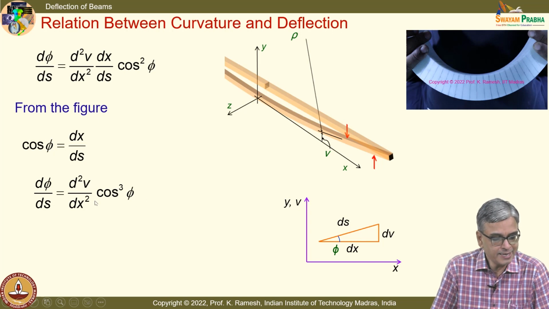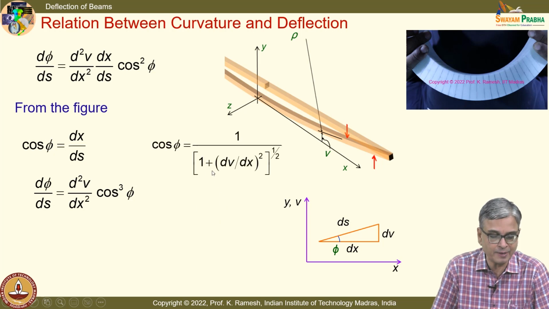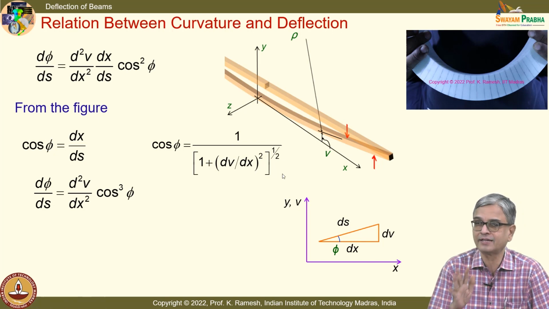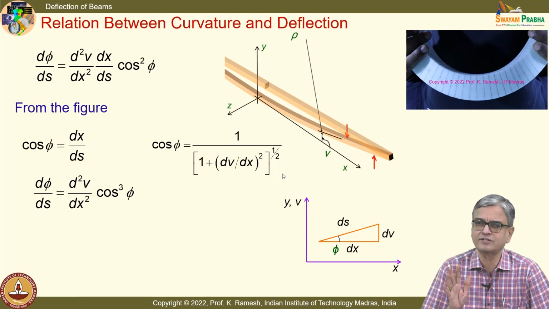And I would like to replace cos phi from the relationship. Cos phi is 1 by 1 plus dv by dx whole square, whole power half. I suppose you are able to simplify and convince yourself. I have just written what is cos phi.